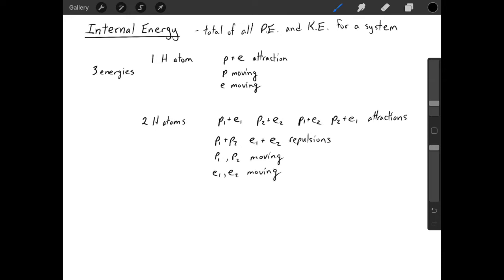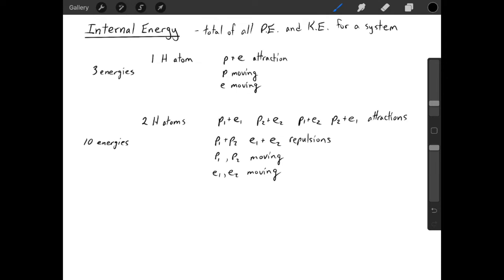In addition to the potential energies, you also have the kinetic energies for each one of the particles moving in space. So you have proton 1 moving, proton 2, electron 1, and electron 2. And this means that you have 10 separate energies that you have to account for.